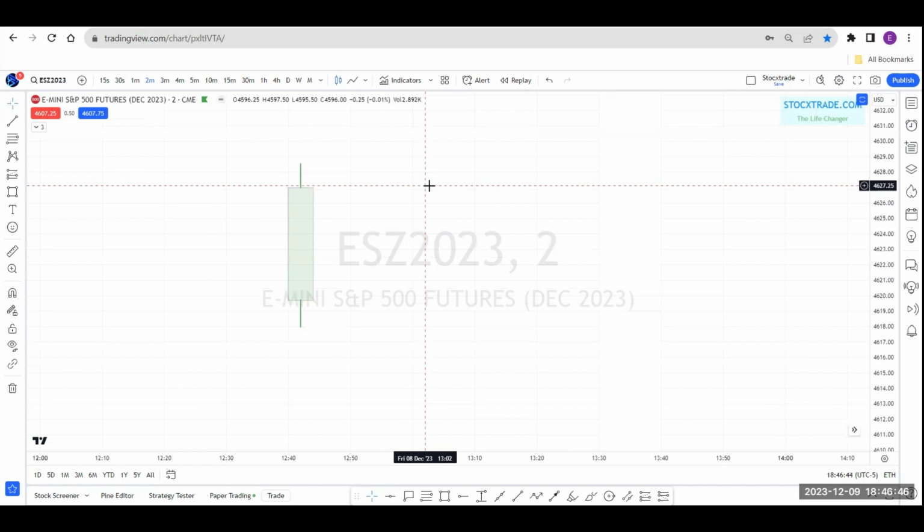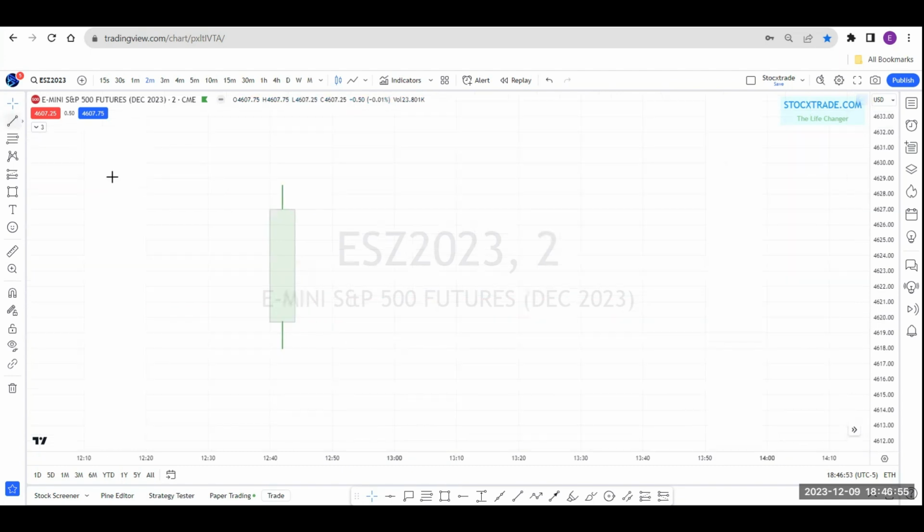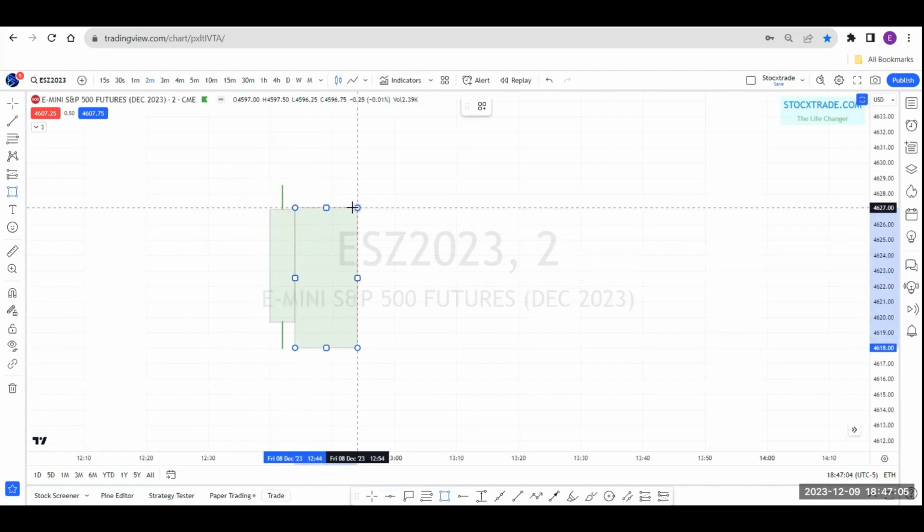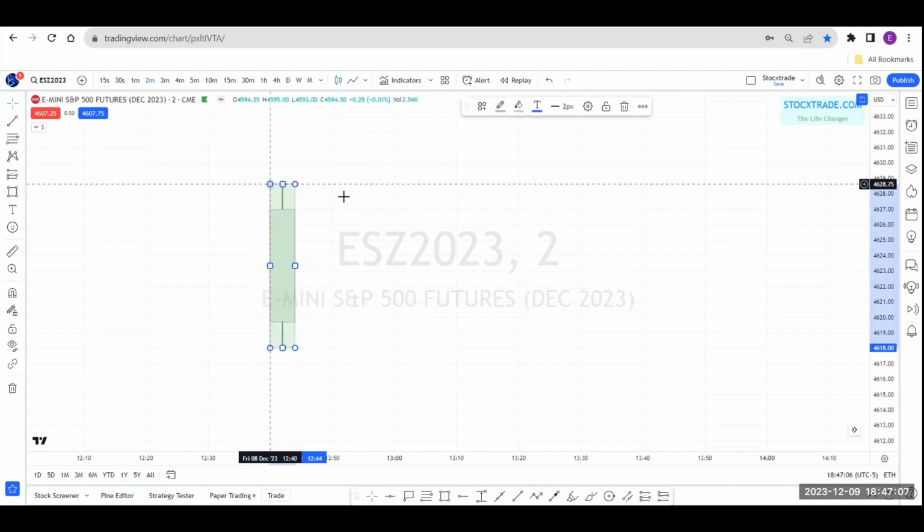So we know that if we go with the average below 50%, if you see the total candle size is this one, from here to here, this is your full candle.